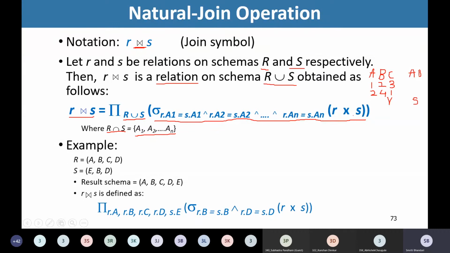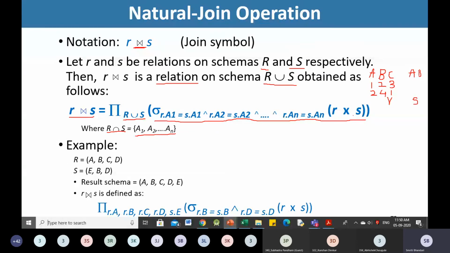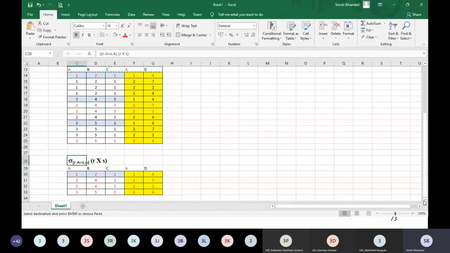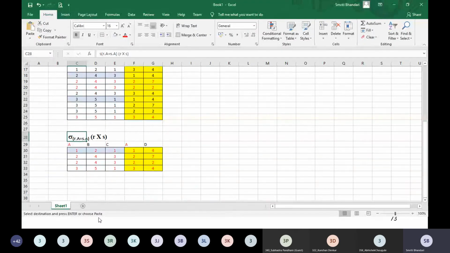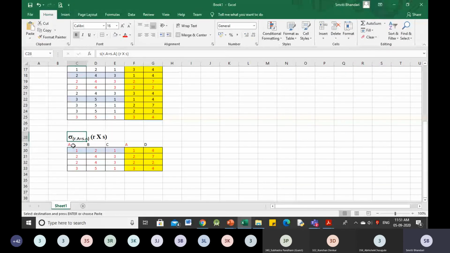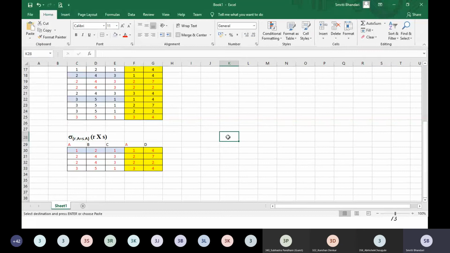So we are using the projection operation with R union S. Obviously, on this result we need to apply the projection operation on R union S. So what is R union S here? Yes? A, B, C, D.